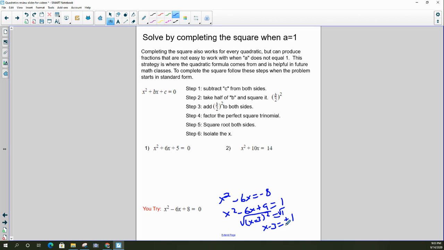And now I add 3 to both sides, so I'm going to get 2 answers. x equals 4, because 1 plus 3 is 4, and x equals 2, because negative 1 plus 3 is 2. My two answers are 4 and 2. I could write them with a comma because I'm just listing off my different x's. I could put them in set notation, or I could write x equals 4, x equals 2. And so there you go.